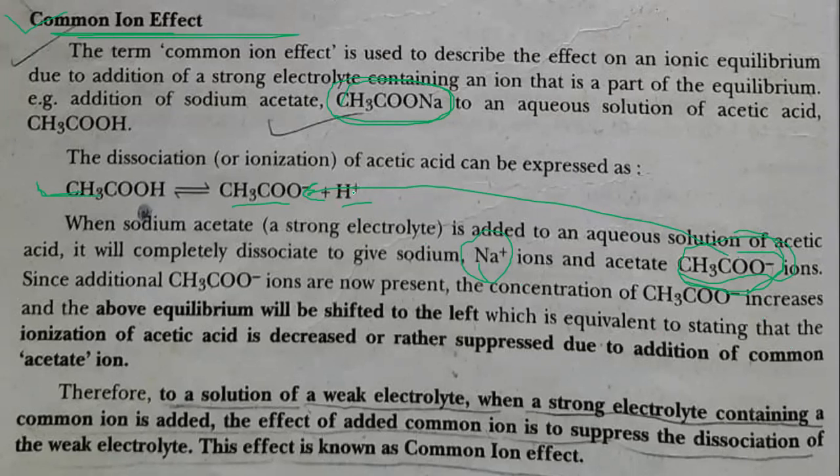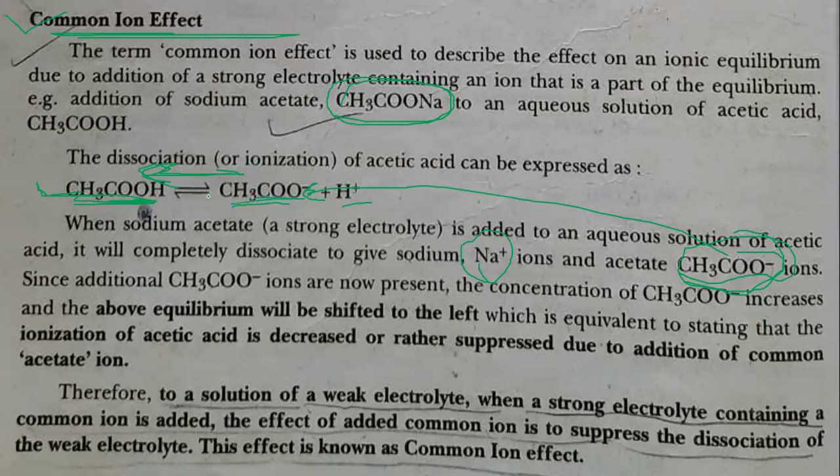The acetate ion now combines with the H plus and they again shift towards the left hand side of the reaction. Means what happened? The dissociation of acetic acid decreases and the number of acetic acid molecules increases.